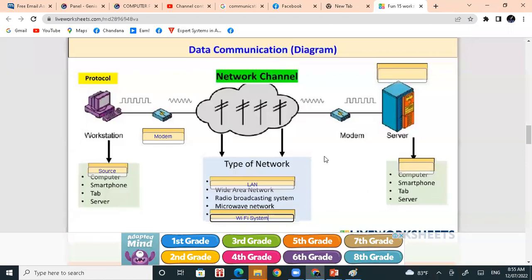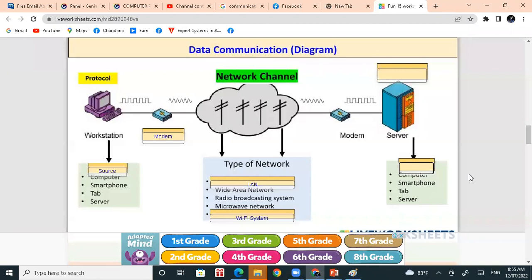Right. Then move to the next one. At the end or destination, there is the server. Server is also a digital device. Other examples of digital devices are computer, smartphone, tab, and servers. Then this destination location, what's the technical term given?